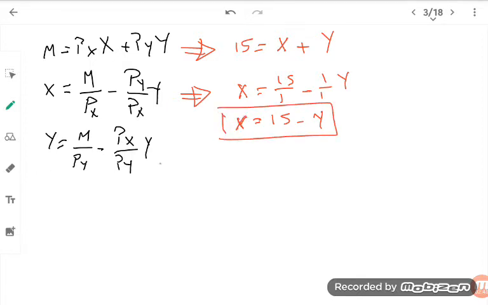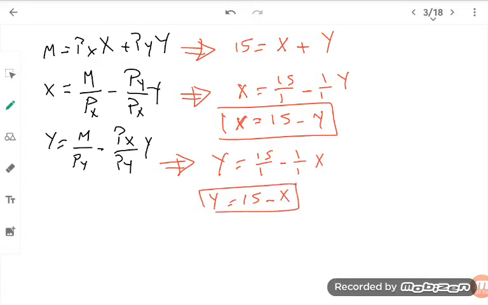With respect to equation number 3, Y equals 15 divided by 1 minus 1 divided by 1 times X, so it can be written as 15 minus X. These are the three main equations of the budget line.